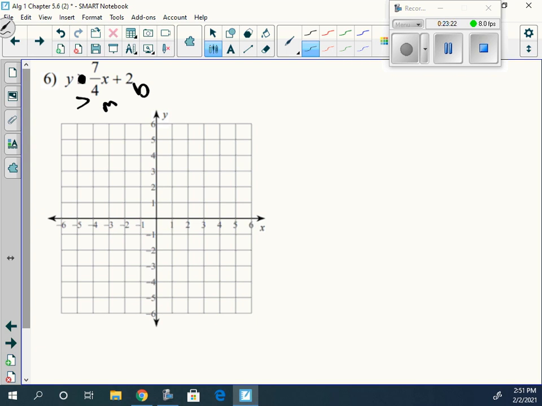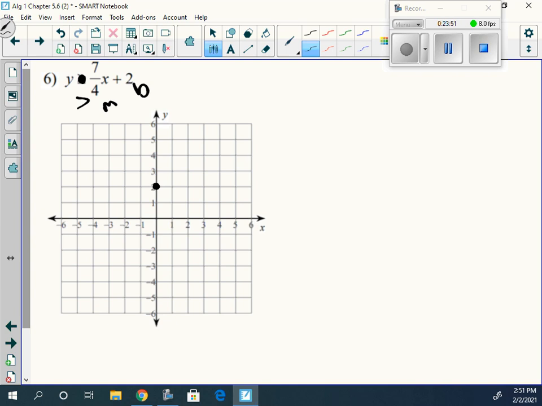So we need 2 points to graph a line. Where can we start? On the y-axis. Because the y-intercept is positive 2, it's going to cross the y-axis at 2. So we make our point. Now the slope is 7/4. We run out of room: 1, 2, 3, 4, 5, 6, 7.